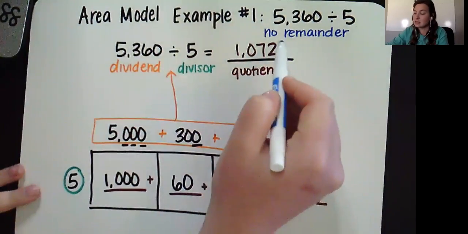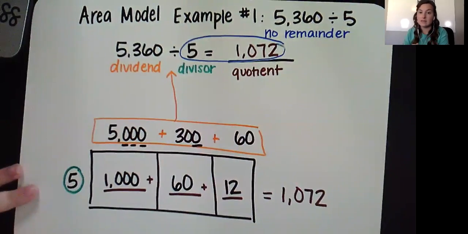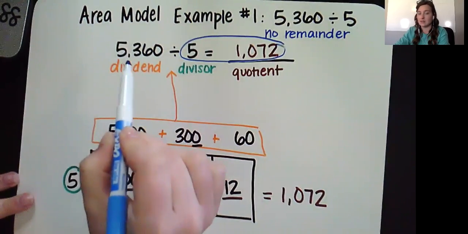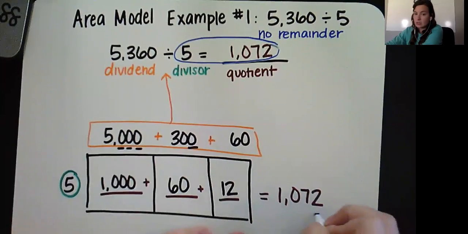One way we can check this is by multiplying. So to check it, let's multiply 5 times 1,072 and make sure we get what our dividend was of 5,360. So I'm just going to do it down here.